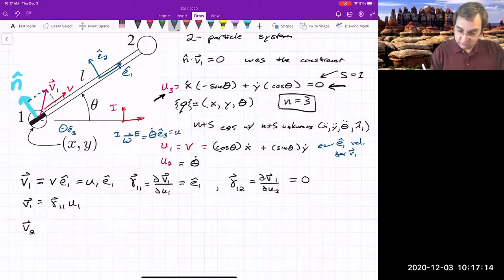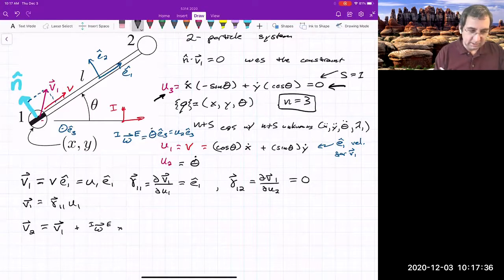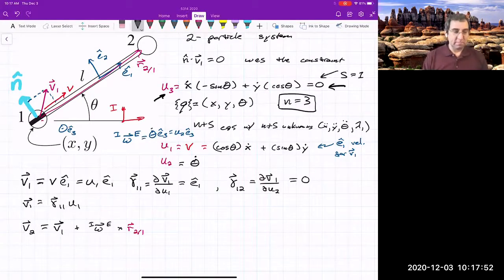So that's equal to u2 E3. Using the fact that particle 2 is rigidly attached to particle 1, there's this truth about rigid bodies: the velocity of some part of the body plus the angular velocity cross the location. Let me write it up here. This vector is the location of particle 2 with respect to particle 1. That's how you get the velocity too.